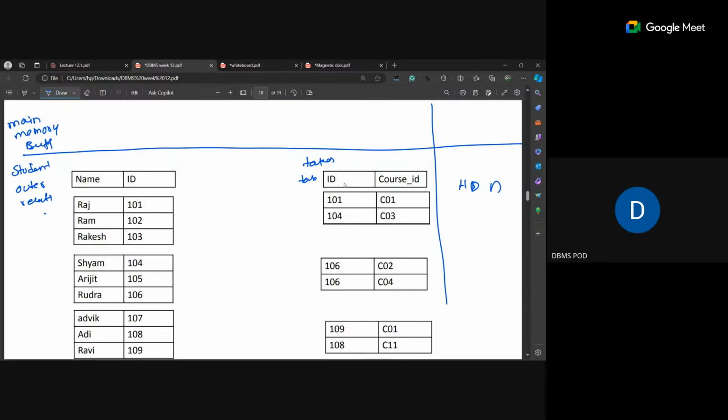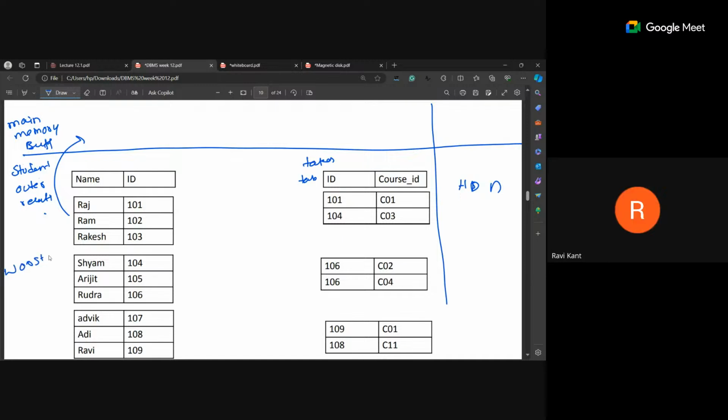What do we mean by worst case memory availability? It means only one block can be occupied in the buffer or main memory. Everyone got it?